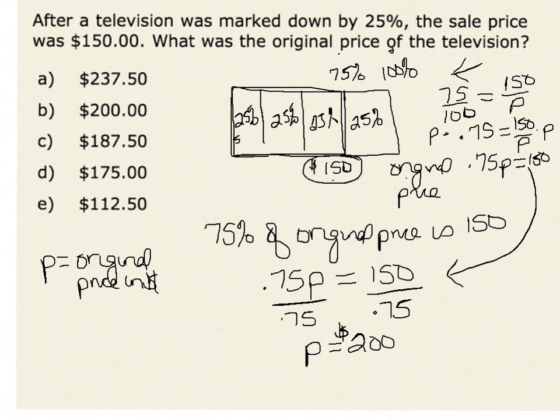Therefore, each one of the 25% represents $50. Since there are 4 25% in my original price, I know that my original price had to have been 4 times 50, which would again give me $200.